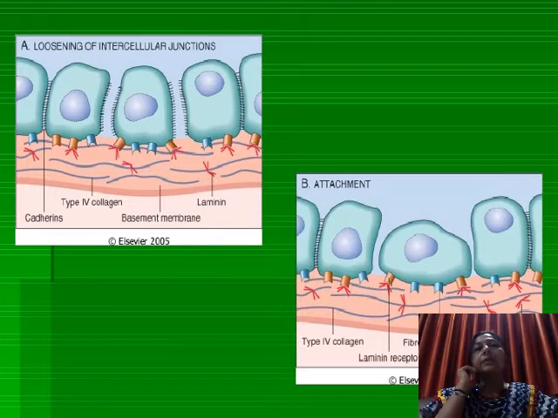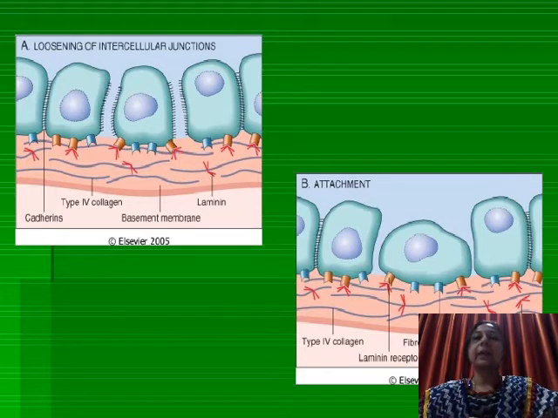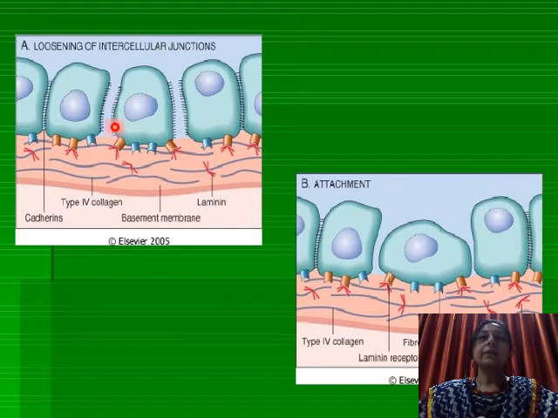Now we see the stepwise metastatic mechanism. The first step is loosening of the intercellular junctions of the tumor cells. Tumor cells are combined with each other by intercellular junctions, so loosening of the intercellular junction is the first step of metastasis.